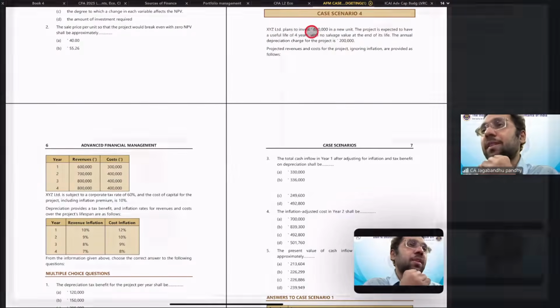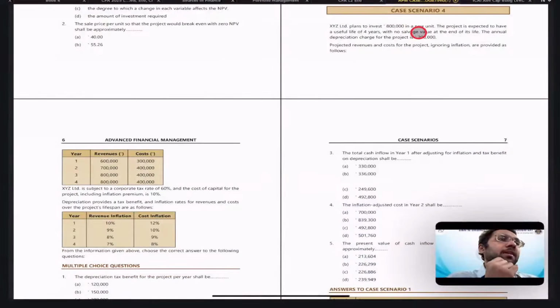XYZ Limited wants to invest 8 lakh in a new unit. The project is expected to have a useful life of 4 years with no salvage value at the end of its life. Annual depreciation is 2 lakh.